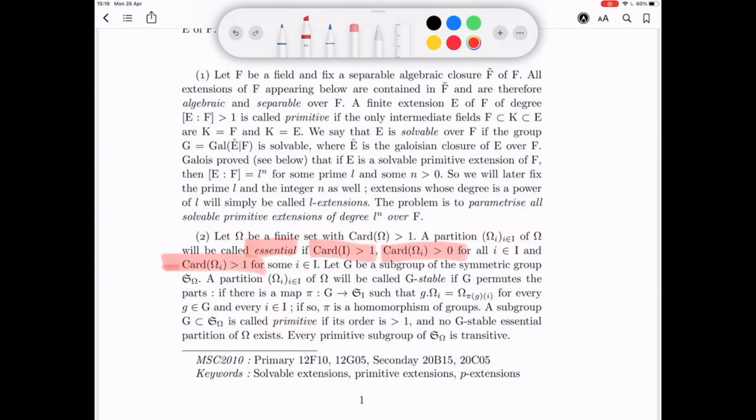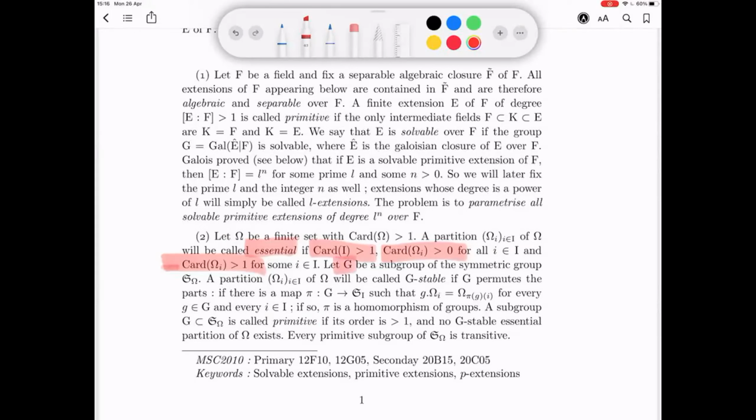So now that's the notion of a partition of any finite set, and an essential partition is one which has these properties. I mean, it's not one of those 2 trivial partitions that I discussed.